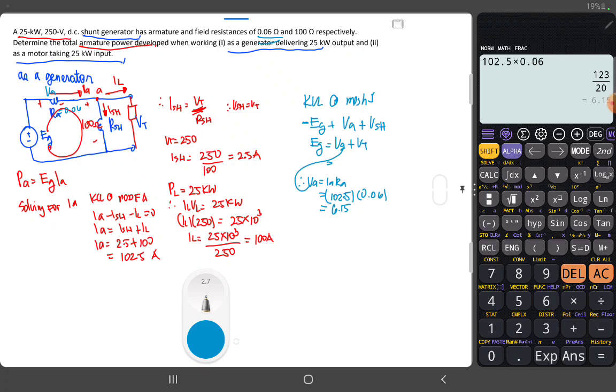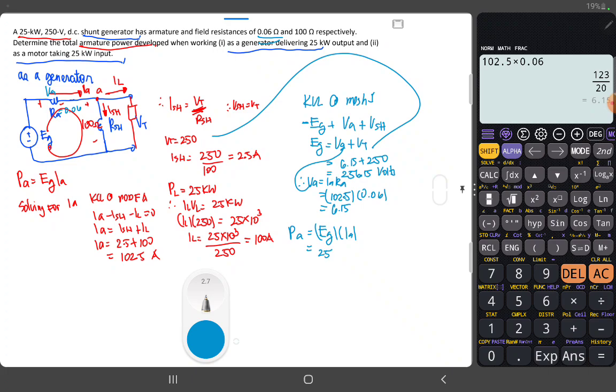So we substitute that there, and then we substitute our VT, which is equal to 250. So therefore we have 6.15 plus 250, so our EG will be equal to 256.15 volts.